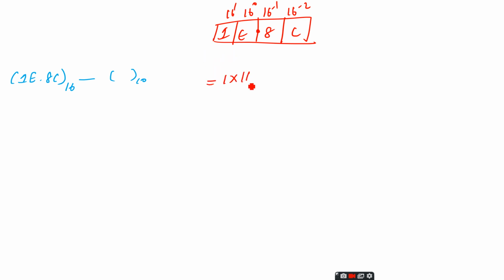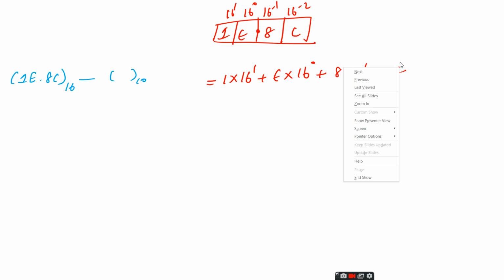Now we'll write 1 into 16 raised to 1 plus e into 16 raised to 0 plus 8 into 1 by 16 plus c. The value of c is 12. So you can write 12 into 1 by 16 square.